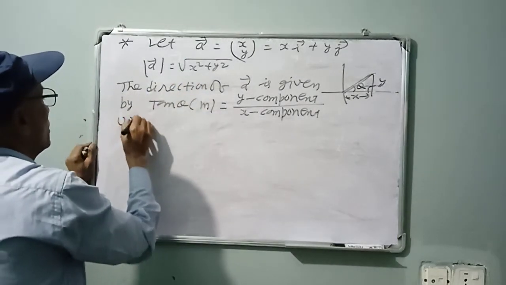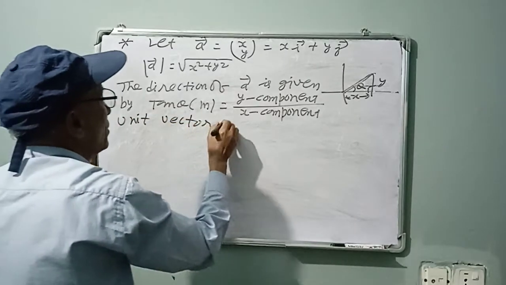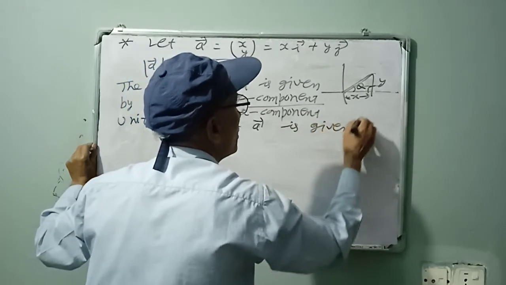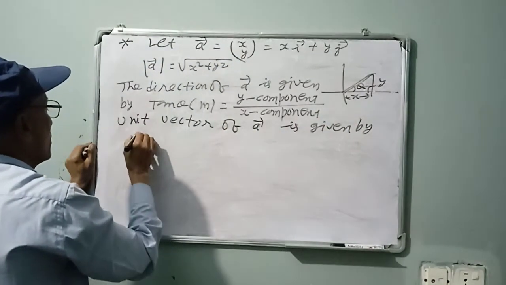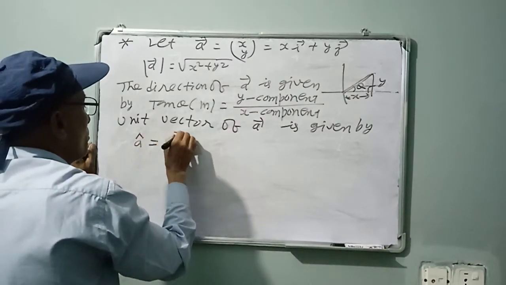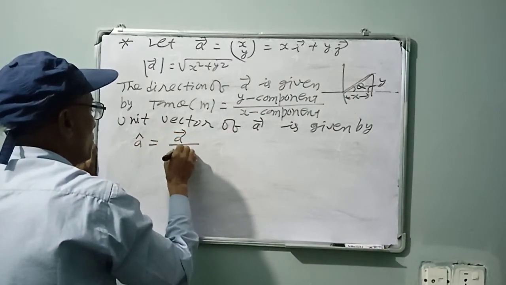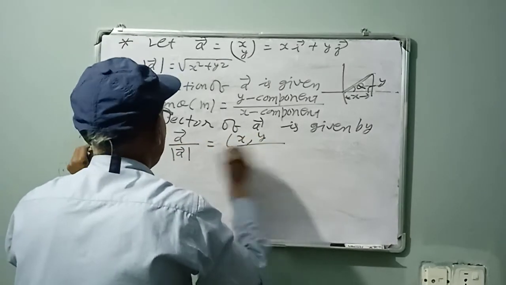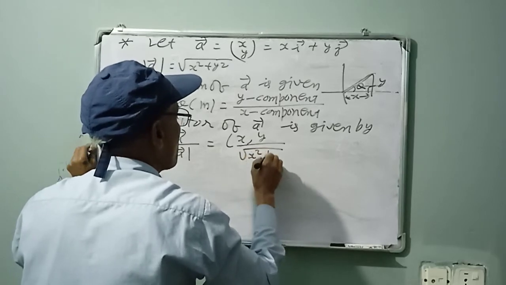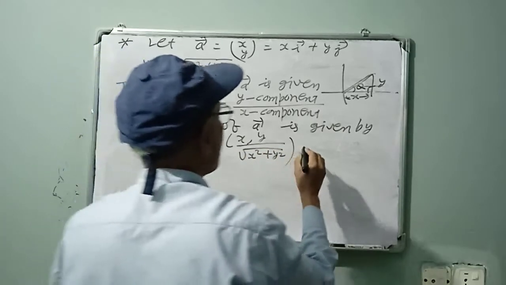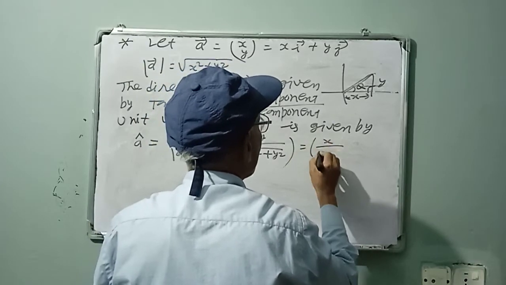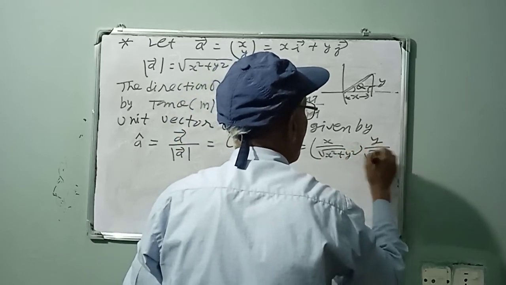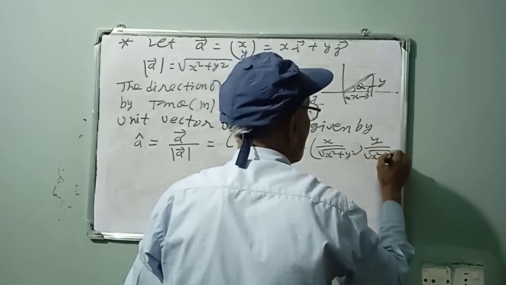A unit vector of vector A is given by A cap equal vector A by modulus A. If vector A is (x, y), modulus A is the square root of x squared plus y squared, so you can write this as x upon the square root of x squared plus y squared, comma, y upon the square root of x squared plus y squared.